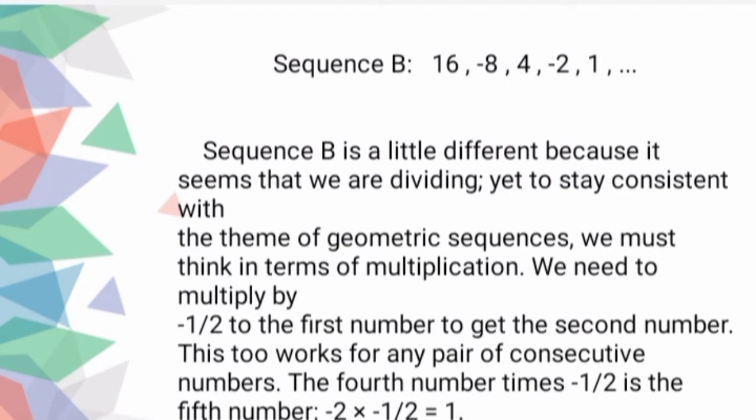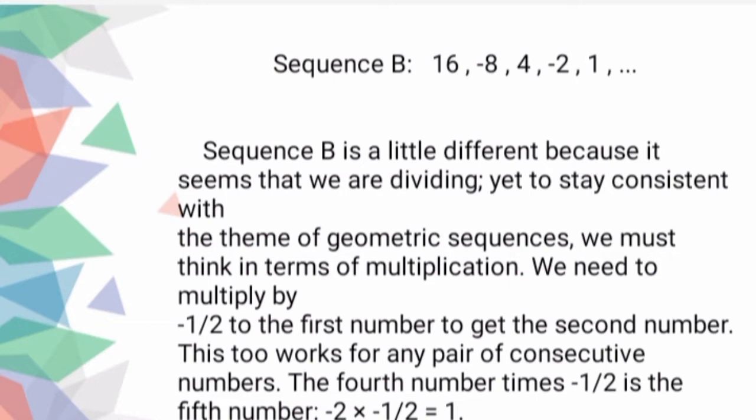Sequence B: 16, -8, 4, -2, 1. Sequence B is a little different because it seems that we are dividing, yet to stay consistent with the theme of geometric sequences, we must think in terms of multiplication.